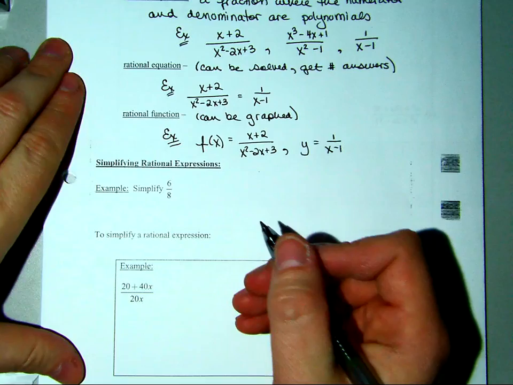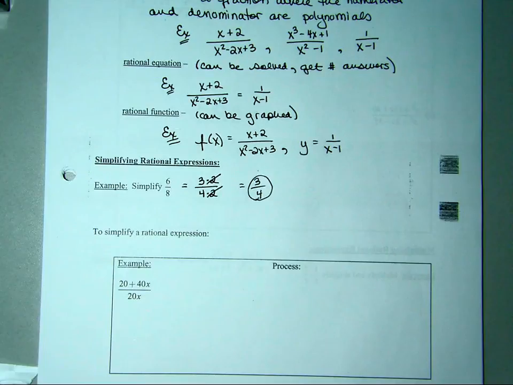There's a reason I'm doing this. What am I allowed to do with that fraction? Cancel the 2's. There's a 2 on the top, there's a 2 on the bottom. I can cancel them, and I'm going to get 3/4. I canceled a common factor that they had. That is how I'm going to deal with simplifying these rational expressions as well. I'm going to look for some common factors that I can cancel.